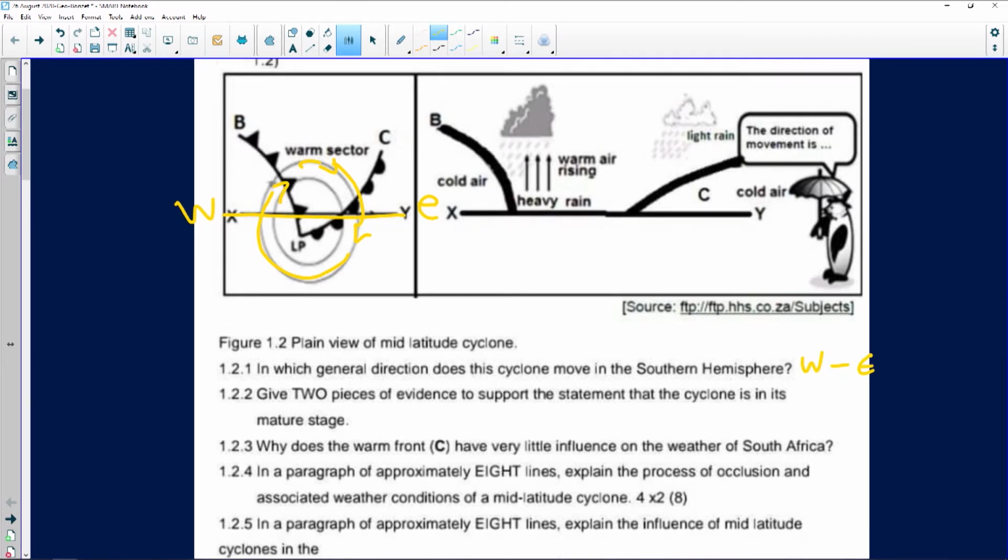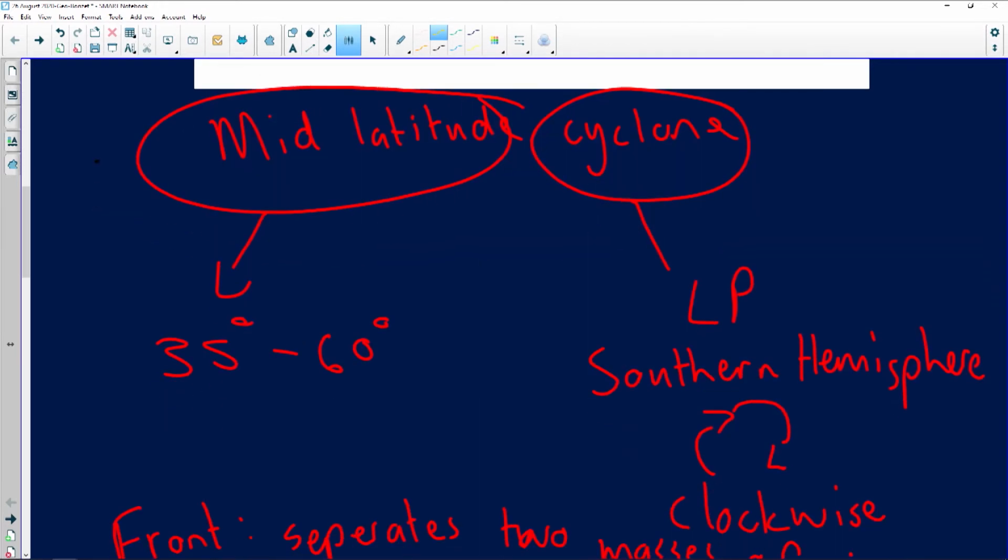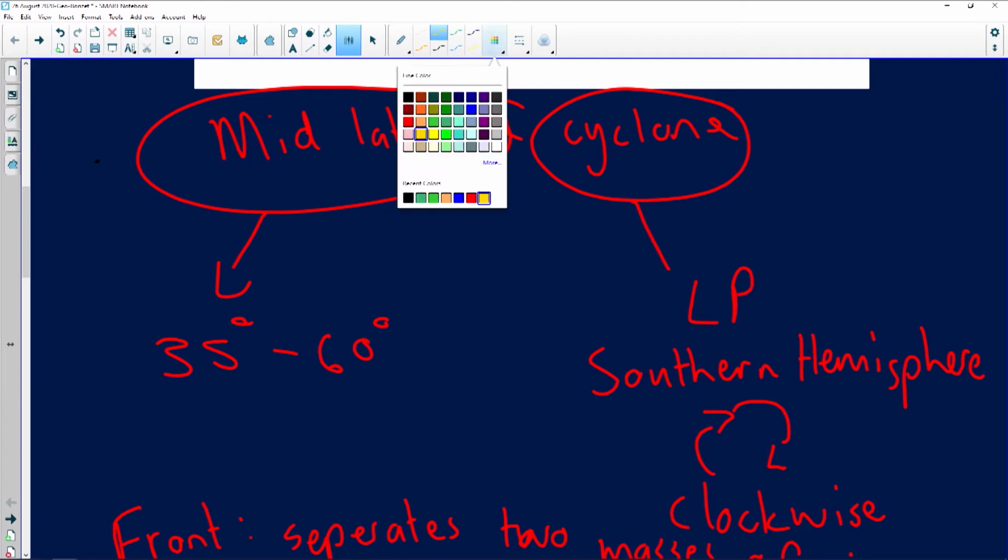Now, give two pieces of evidence to support the statement that the cyclone is in its mature stage. Excellent question. We have quite a few stages when we look at mid-latitude cyclones, and I'm just going to continue on the bottom.